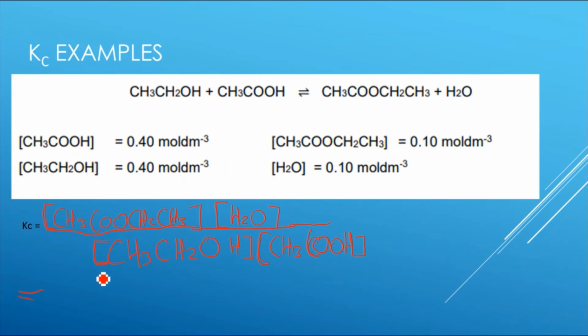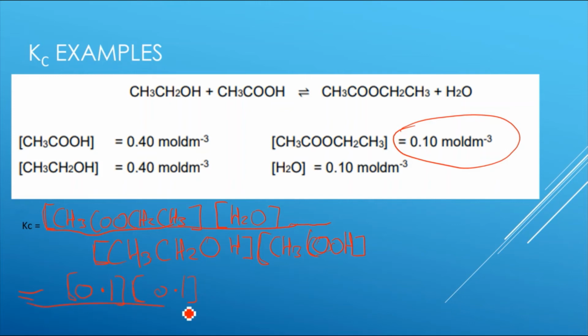Starting off, CH3COOCH2CH3, we've been told that this is 0.10, so we've just put 0.1, and we can put that into square brackets. The other one, H2O, is 0.1 as well.